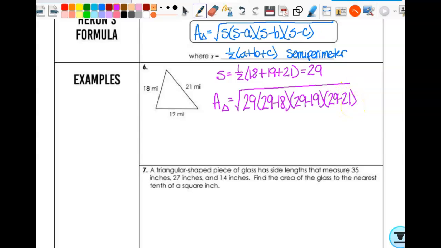Don't even try to subtract in your head. Not worth a brain fart. You get 159 point 750, and this is miles squared because it's area.